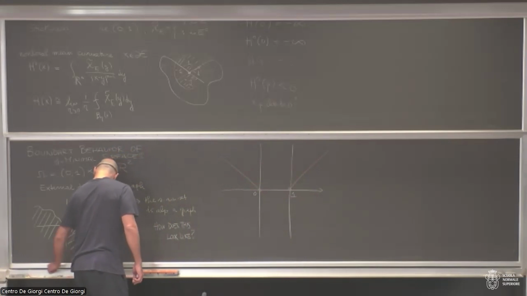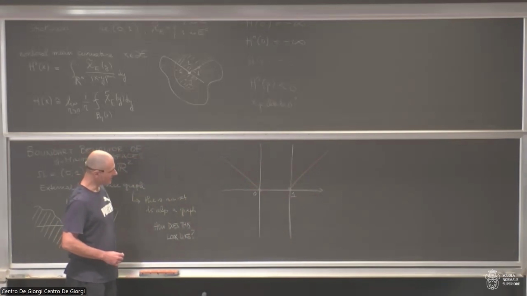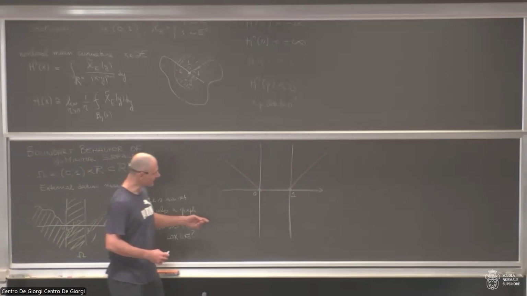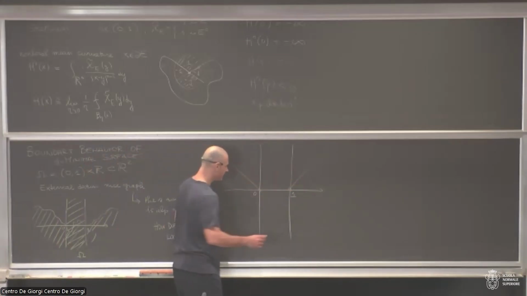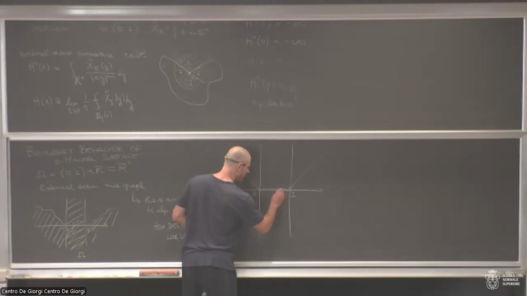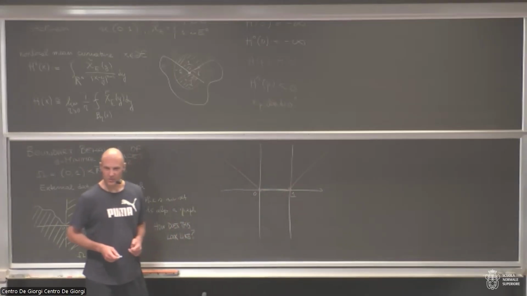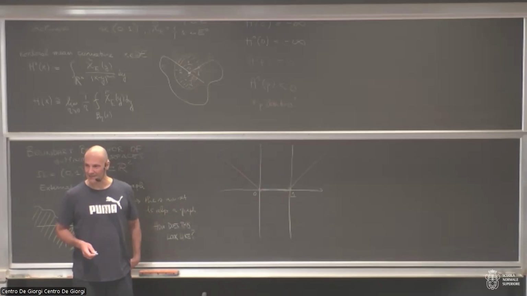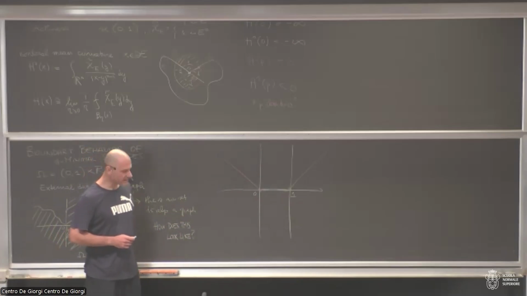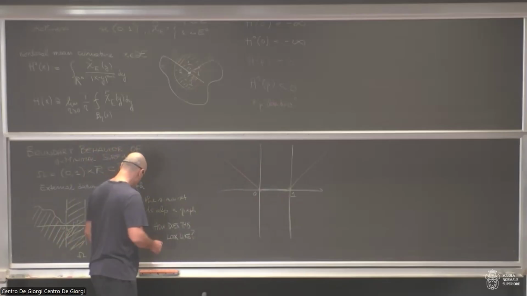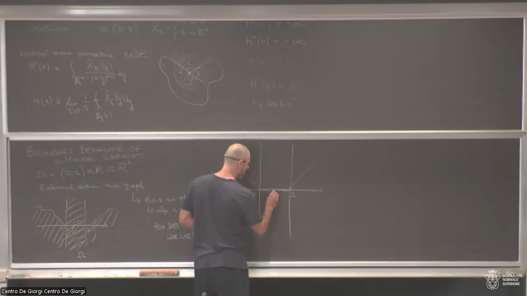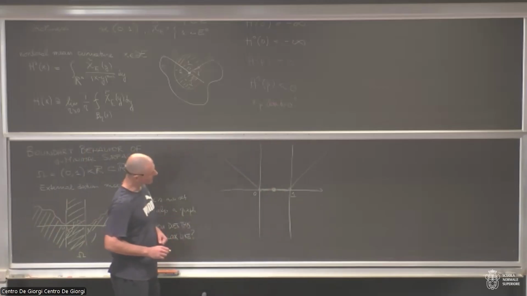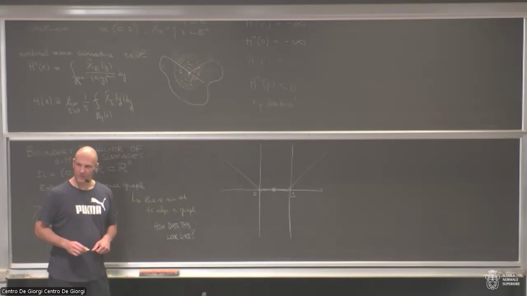Well, the first guess I would say is to proceed as in the classical case. In the classical case, you don't really care about the external datum. You say, well, the segment joining 0 to 1 is the shortest path. So this is the classical minimizer for this configuration. But this has an obvious alibi, because if I compute the s-mean curvature at this point, the s-mean curvature is negative.